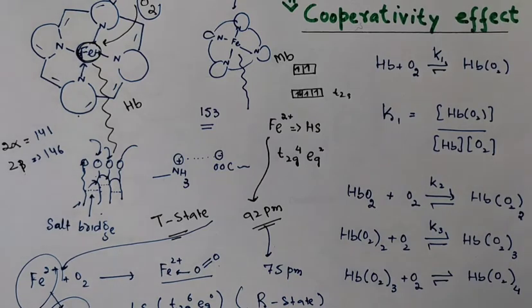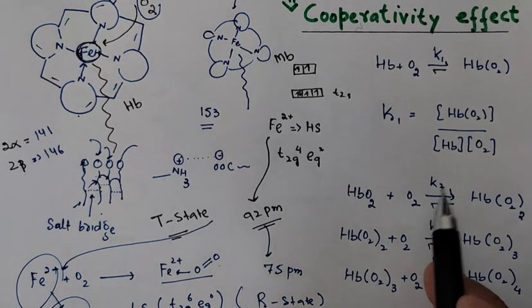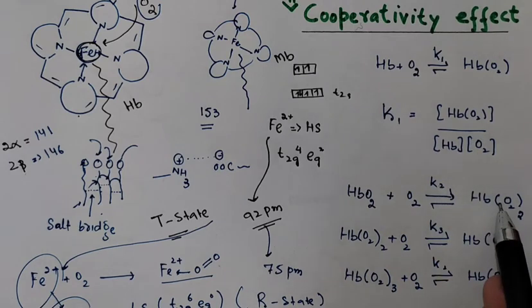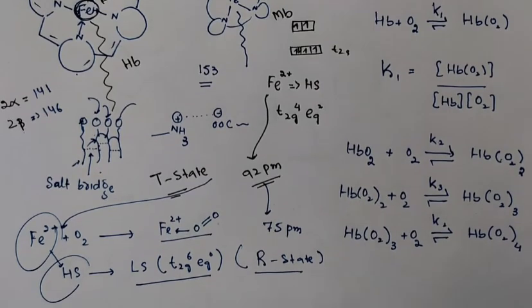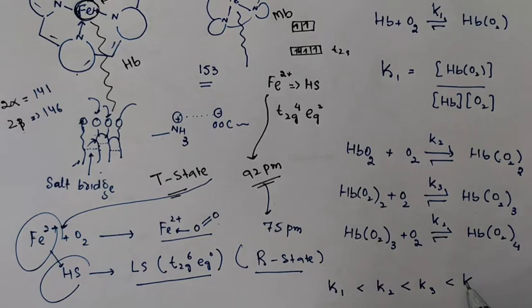Okay. So now these constants K1, likewise we can express K2 by the concentration of this by this and this. So if we see the affinity, K1, that K2 is more, K3 is higher than that, then we have the maximum in the case of K4.